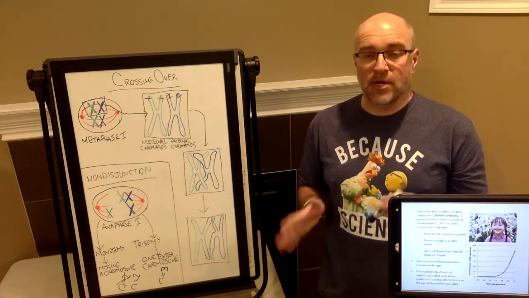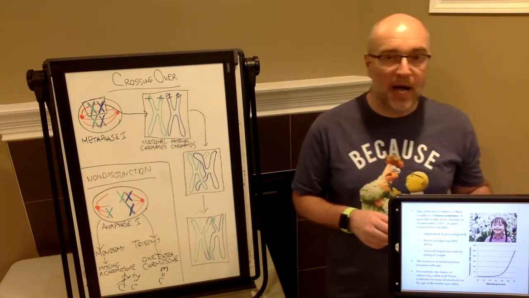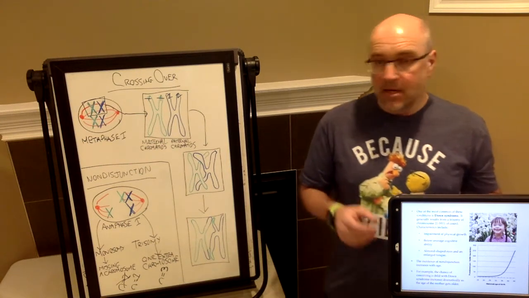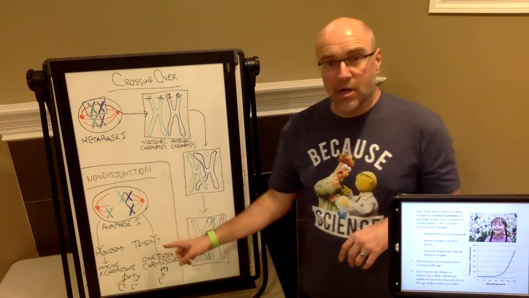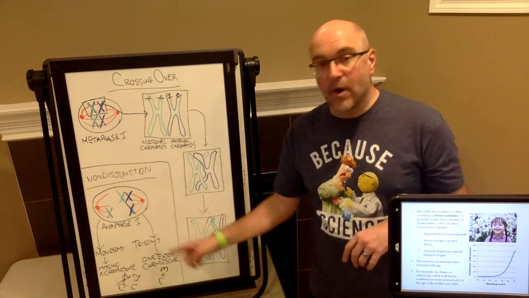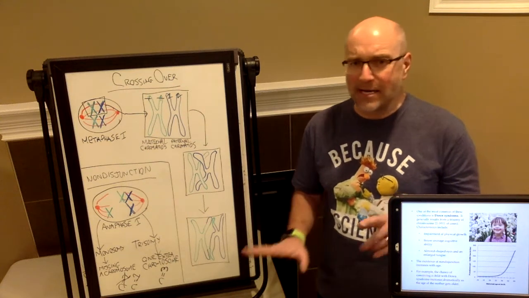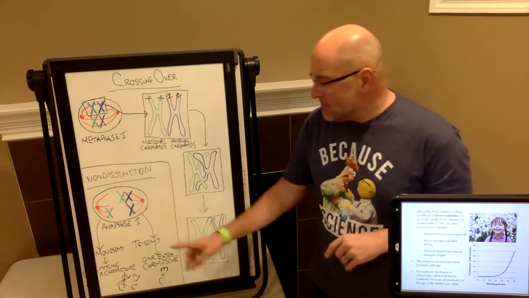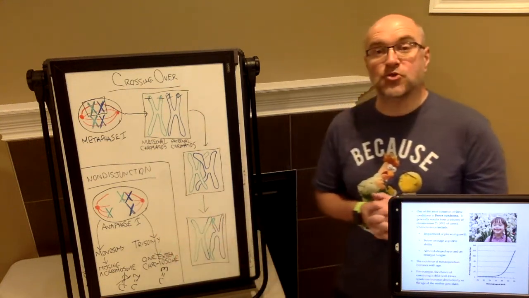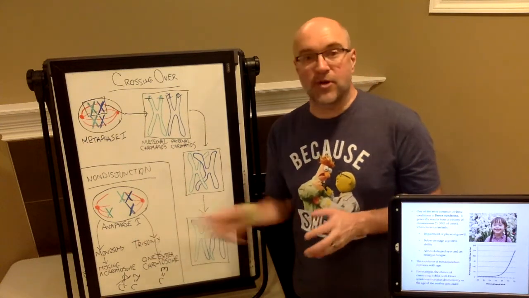Down syndrome in humans is basically caused by a trisomy. If you have one extra chromosome, that's called a trisomy, as opposed to a monosomy where you're missing a chromosome.